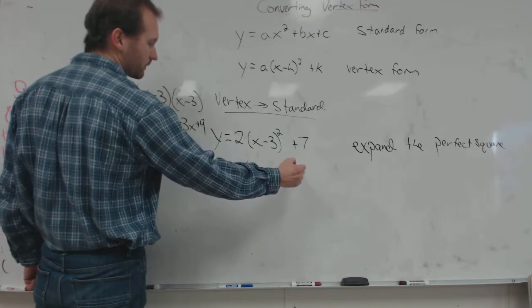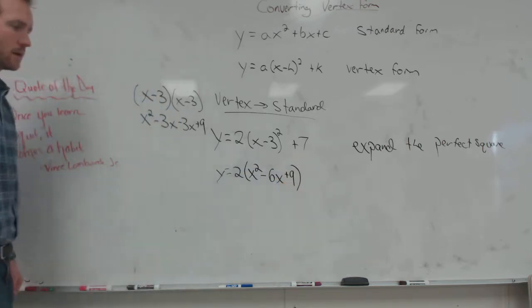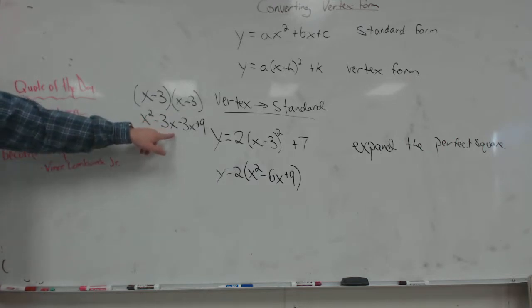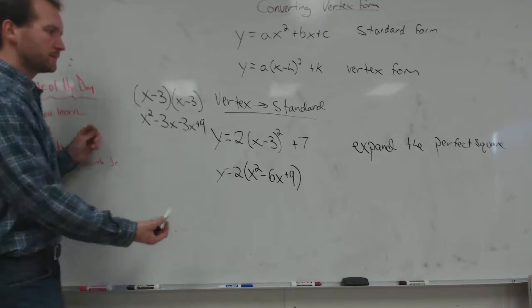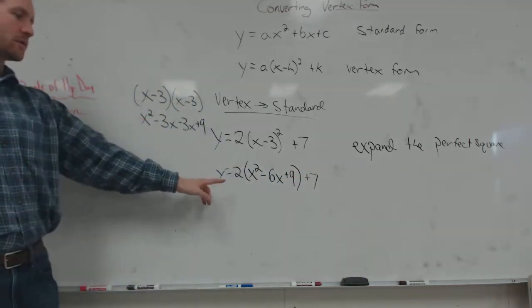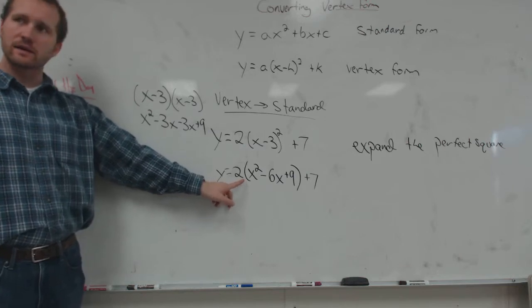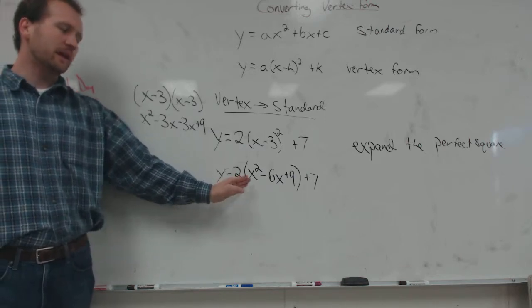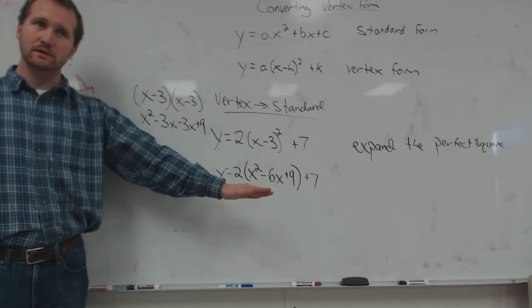And then b squared. Either way, we get the same thing, because negative 3x minus 3x is negative 6x. The key with this step is please remember to put that in parentheses. This 2 is going to be multiplied times everything inside those parentheses.